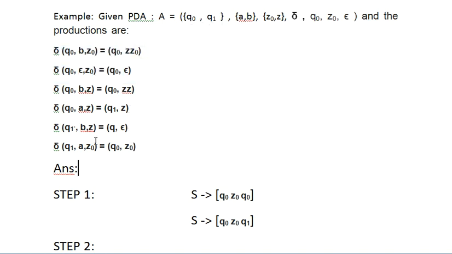So better you write down step 1 for start productions, then transition number 1, transition number 2, transition number 3, transition number 4, transition number 5, transition number 6. No need to write push or pop, otherwise it will be a confusion for all. So better you write the transition, and then finally you can write down whatever productions you have got. Or you can also do one more thing.